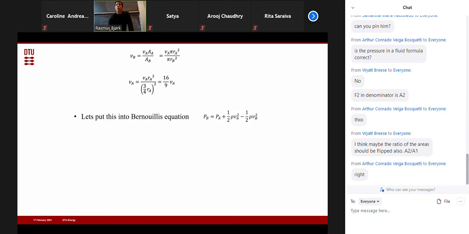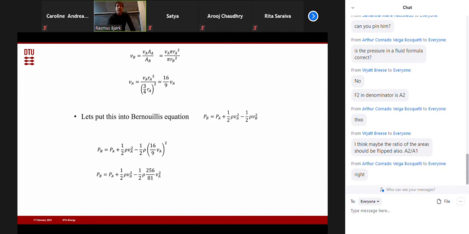So now that we know what our VB term is, we're going to put that into Bernoulli's equation. And if we put that 16/9 VA into our Bernoulli's equation, now we have our pressure at B just in terms of our VA and our PA, two terms that we know. So we can just basically take those two fractions, and they're complicated fractions, and subtract the density times VA squared terms.